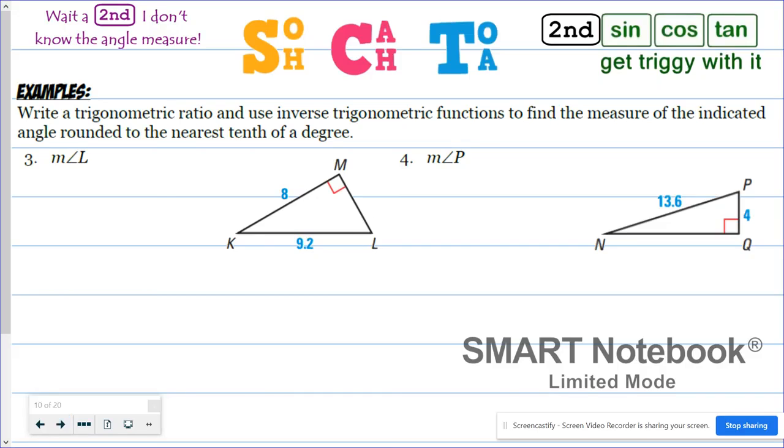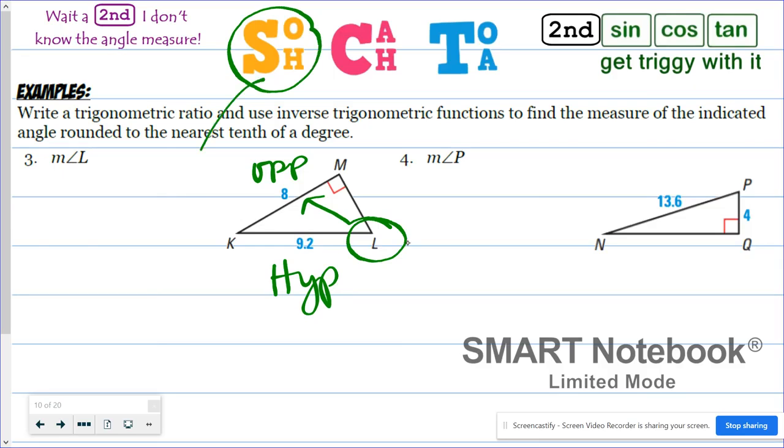So here I want to find angle L. And then I have to ask, well, what do I know? Well, I know the side opposite angle L, and I also know the hypotenuse. And then how can I find the measure of angle L? Well, opposite hypotenuse, that's sine.